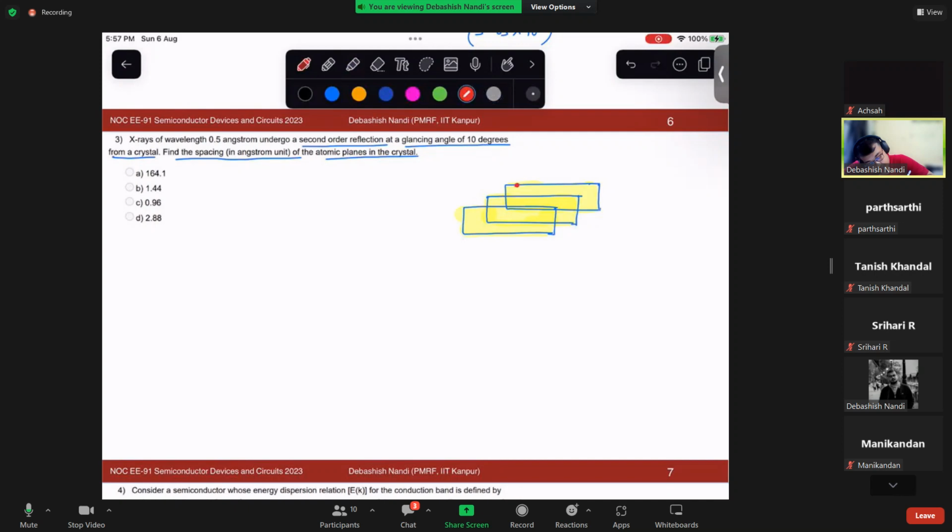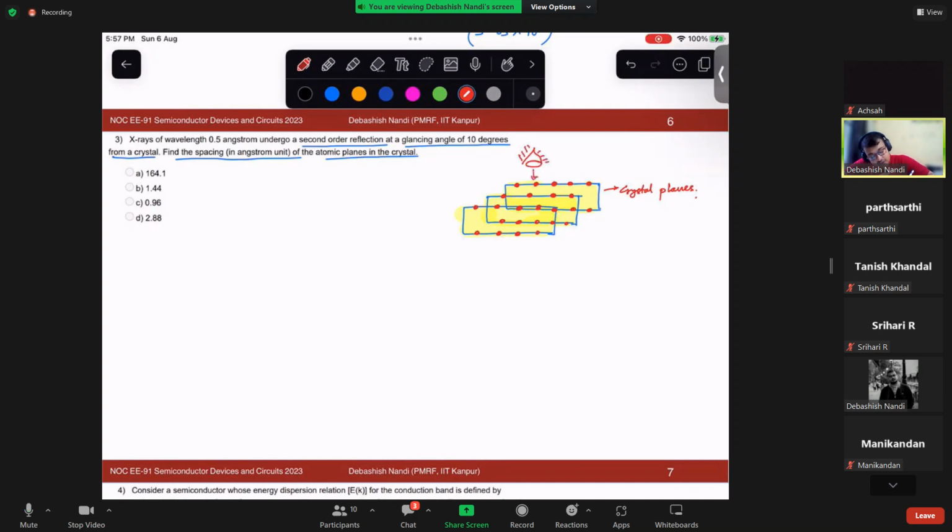Let me say atoms are arranged like this. So these are the crystal planes, let's say.